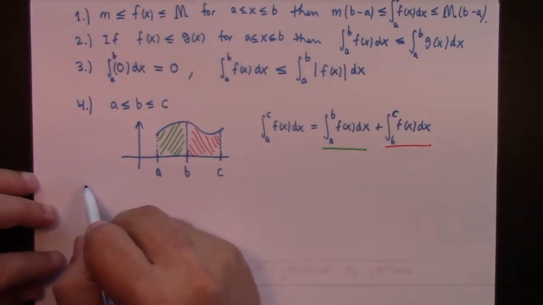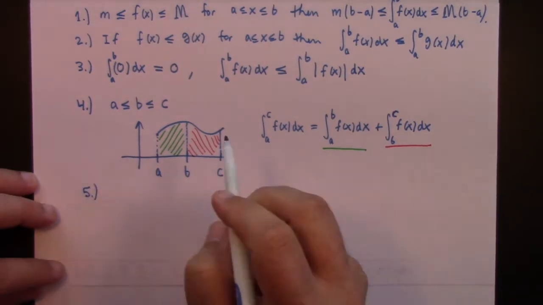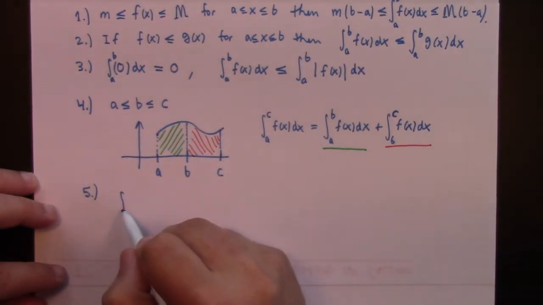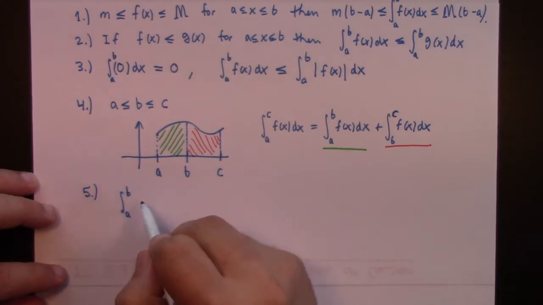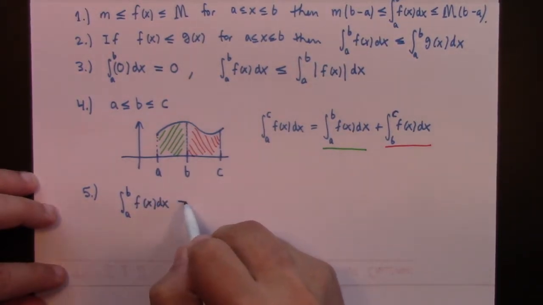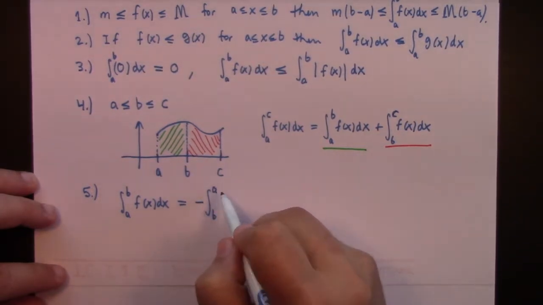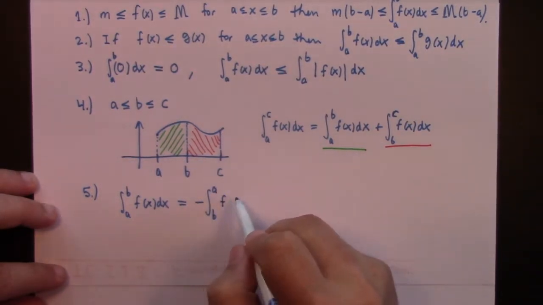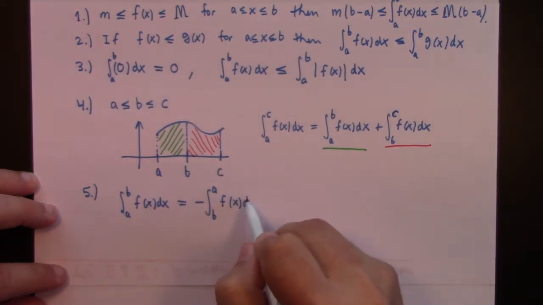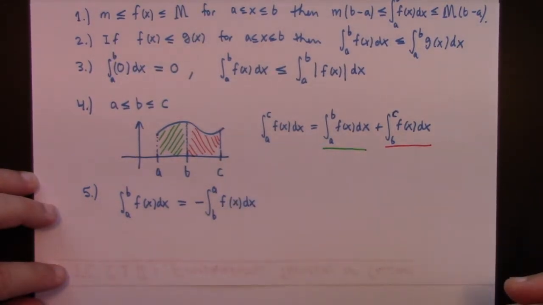The other one I would be remiss not to mention is this sort of orientation of the definite integral. In other words, the integral from a to b of f of x dx is equal to minus the integral from b to a. And so that in some sense is a definition. It kind of depends on what you take the definition to be, all right?